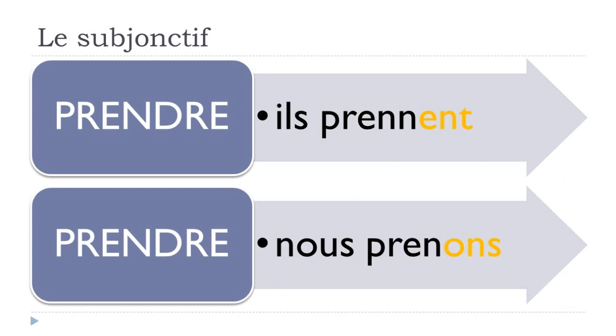So we can spot first the ending, because we know that ENT is the ending for ils, and then ONS is the ending for nous, and of course what we'll do is take them away. So we'll put the endings away, and we'll keep only this first part here, and the first part here.